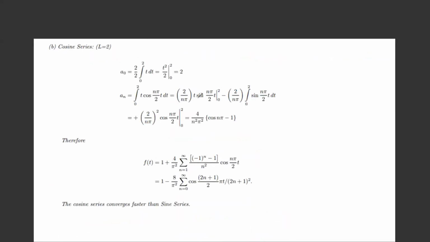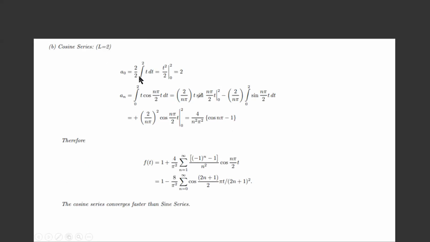Now, to go for the cosine, as we said in the beginning, the half range is 2, so the period is 4. Because I'm going to make this a cosine Fourier series, I will extend it to be an even function. Because it is an even function, bn will be 0, so I have to find only a naught.